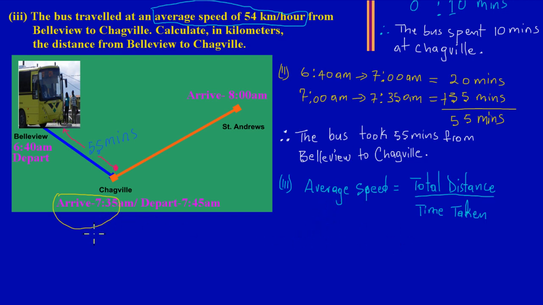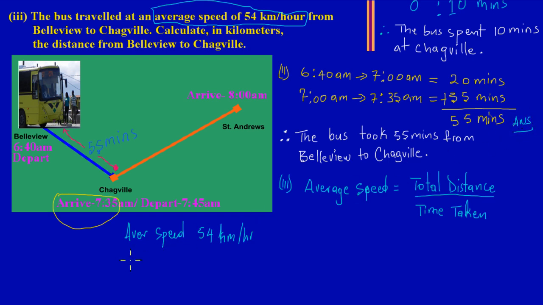Since they gave us the average speed up top, which I've circled in the rectangular box, to be 54 kilometers per hour, what I'm going to do is convert my hour to minutes, since I'm working with minutes for my answer regarding the time taken.